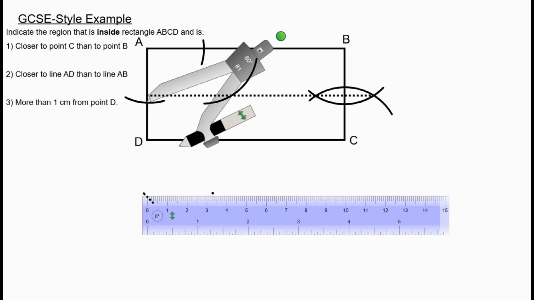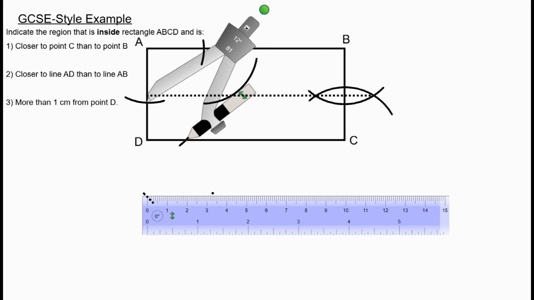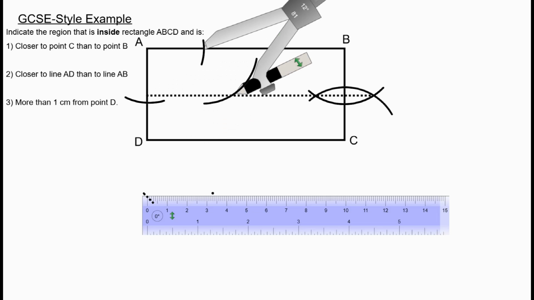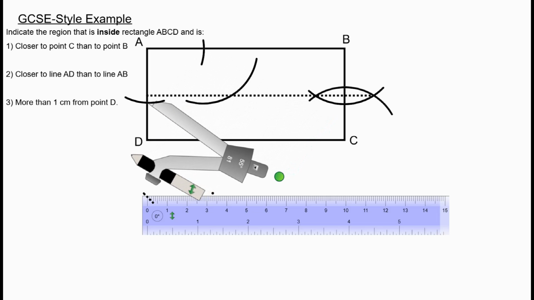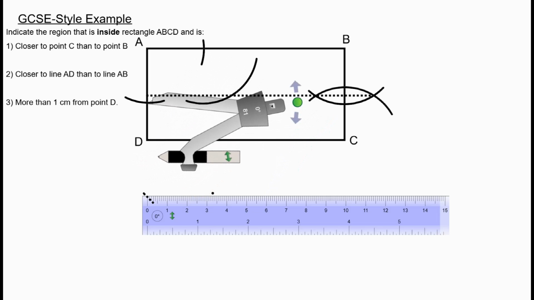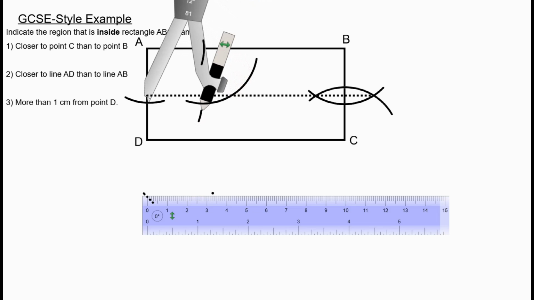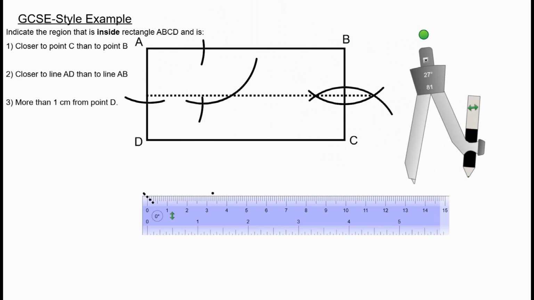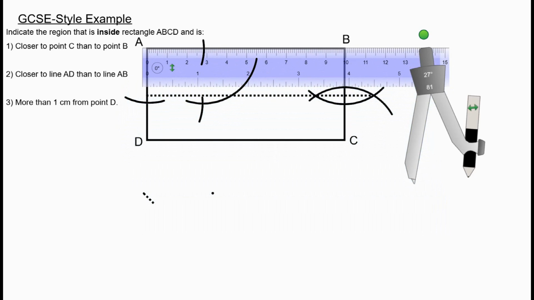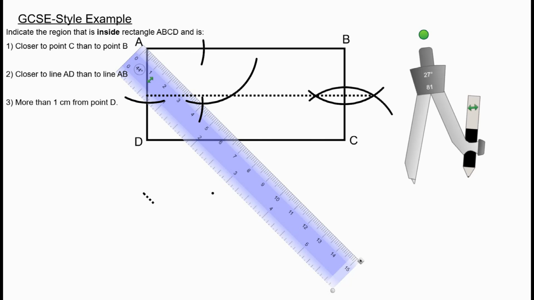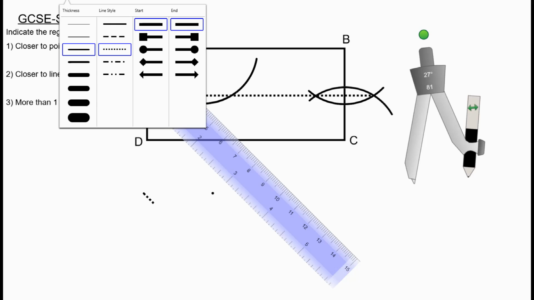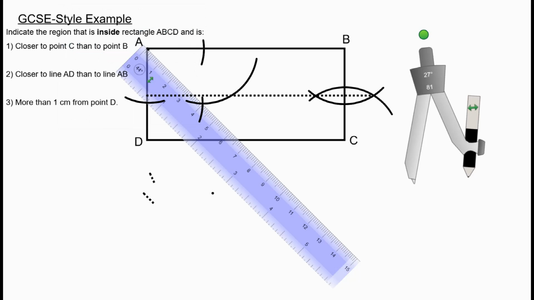And do the same on the other point. Make it a little bit bigger. There we go. Now I'm going to join A to the intersection of the 2 arcs just made. Like that.